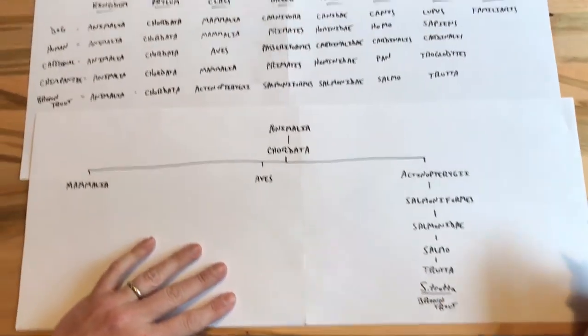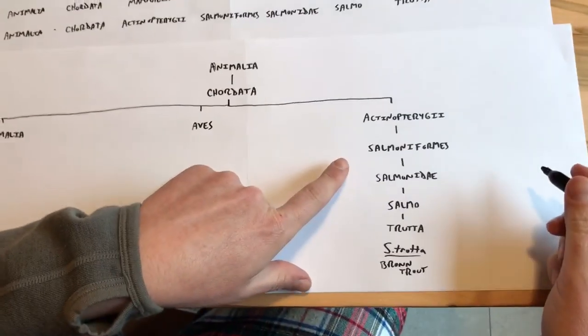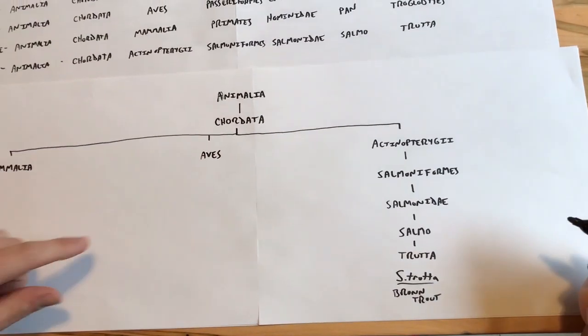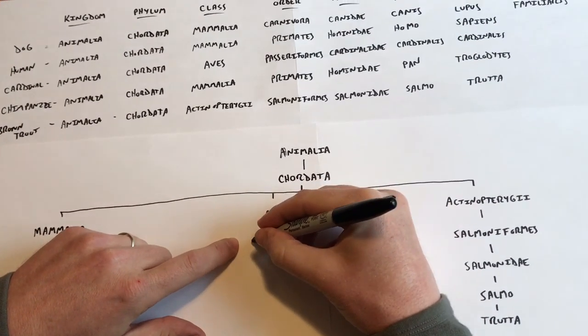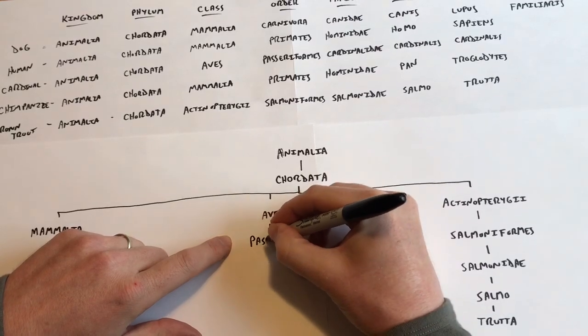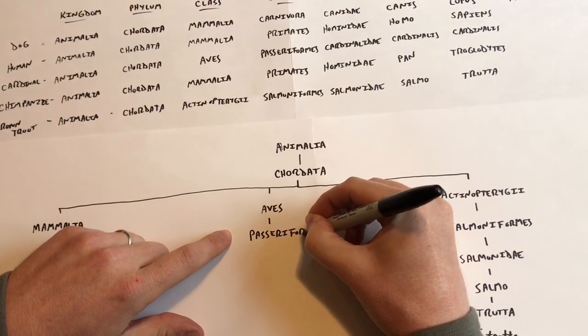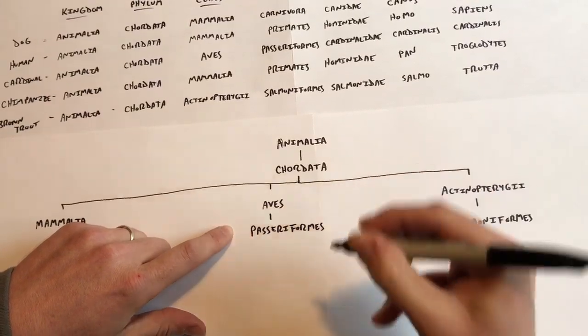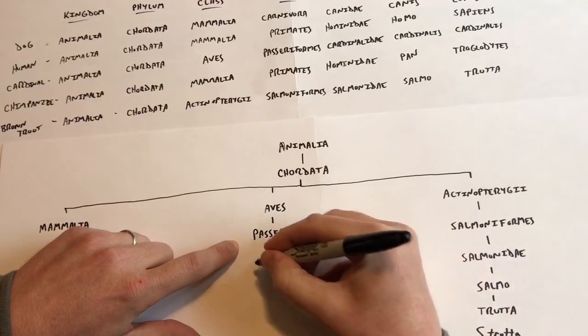So let's get our only bird out of the way. For Aves, it's going to be like what we saw with Actinopterygii. It's just going to be a line that goes straight down. So the order name for our cardinal was Passeriformes. The family name was Cardinalidae.